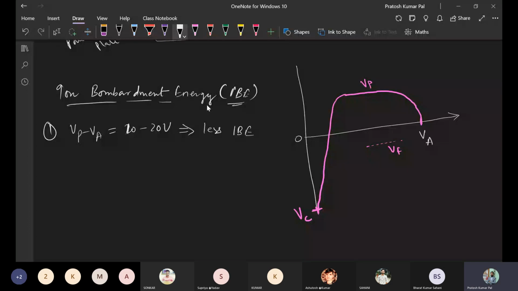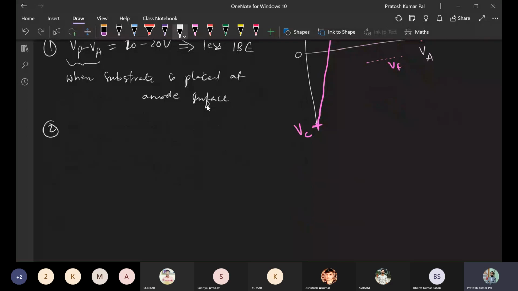This is the case when the substrate or semiconductor surface is placed at the anode surface. In the second case, suppose we place the substrate on an insulating plate.